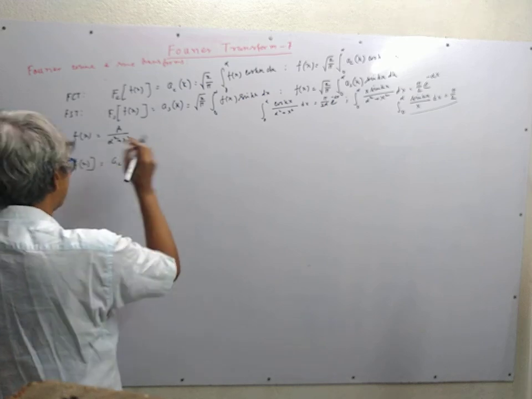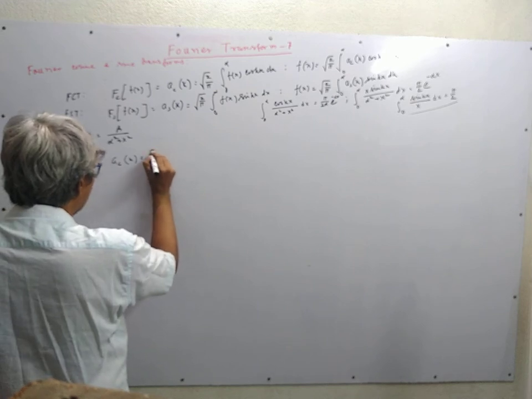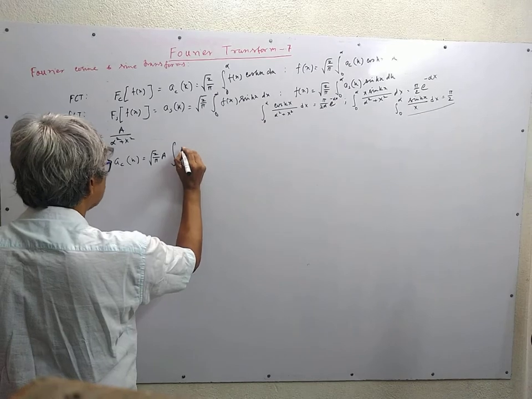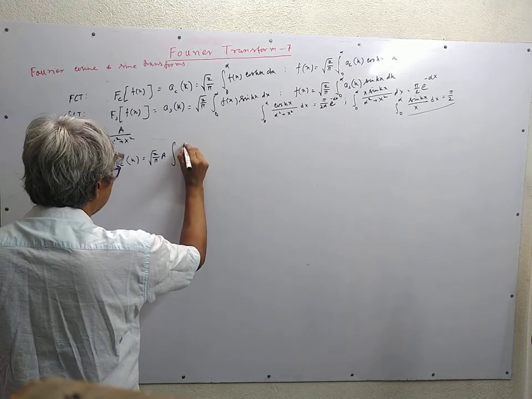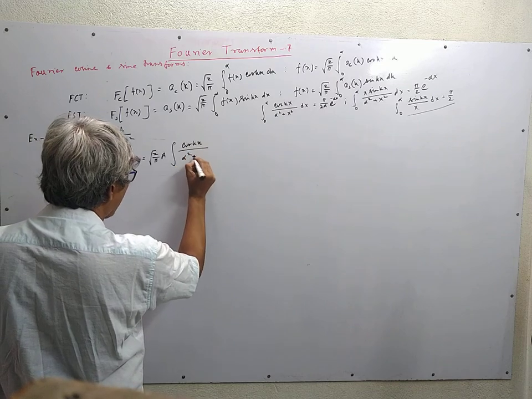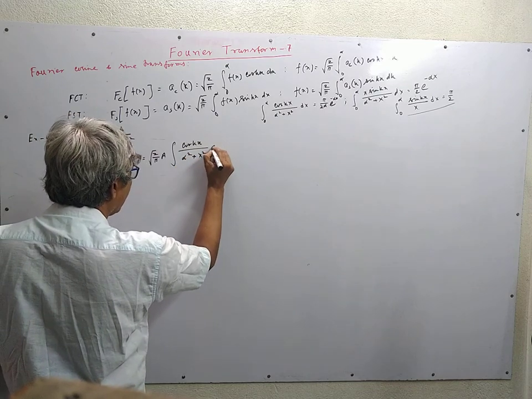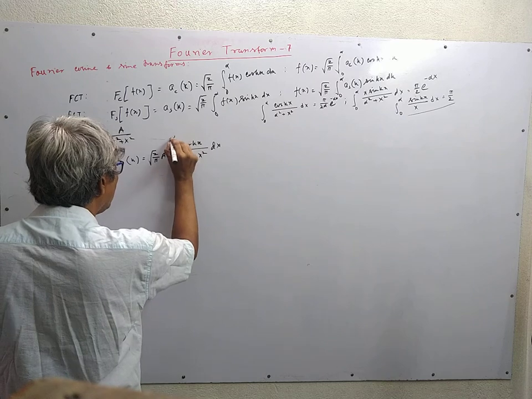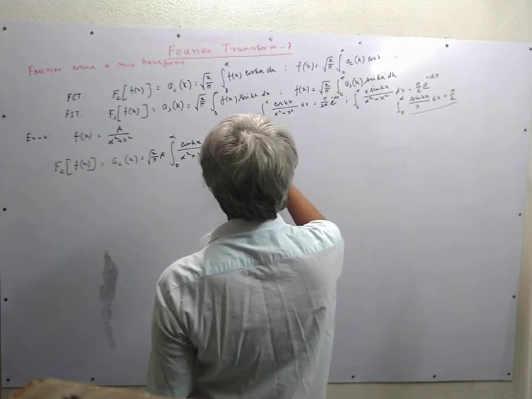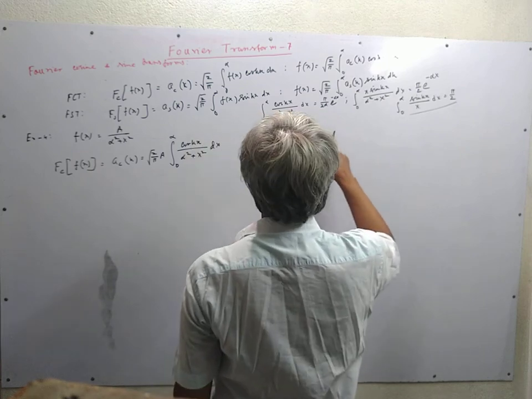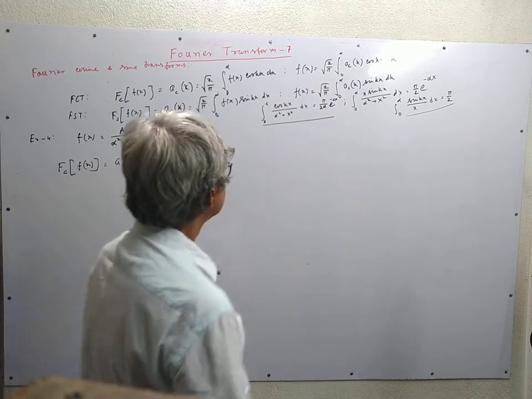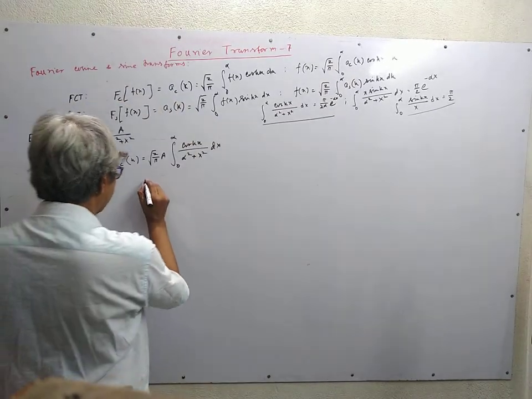The range is from 0 to infinity, so it is 2 upon pi, a will come out, the integral of cos kx over alpha square plus x square dx from 0 to infinity. We use this relation to evaluate the integration.